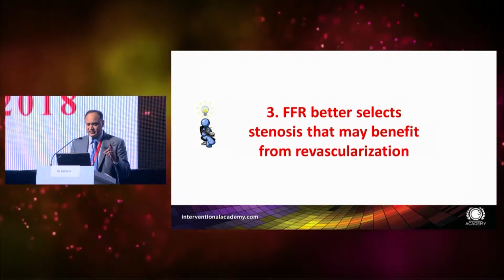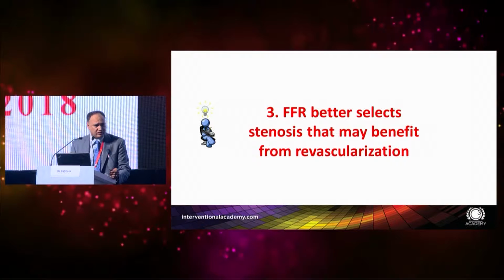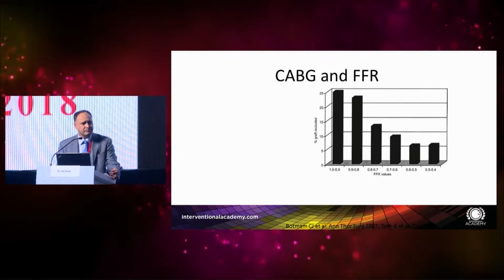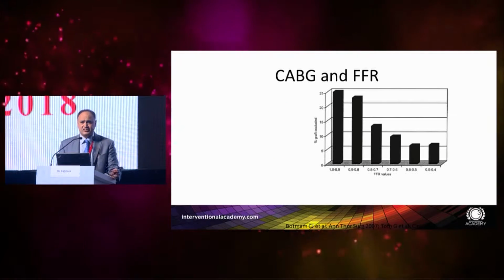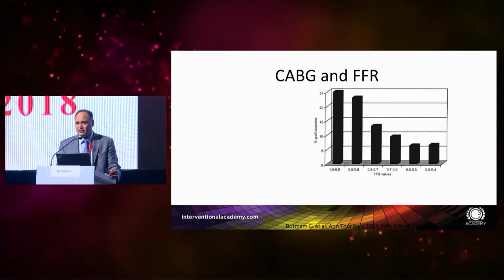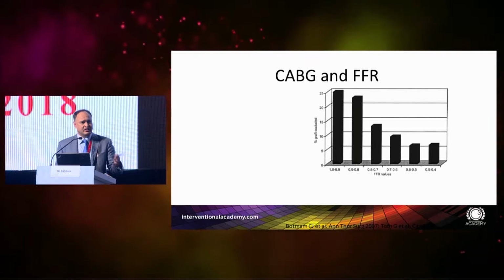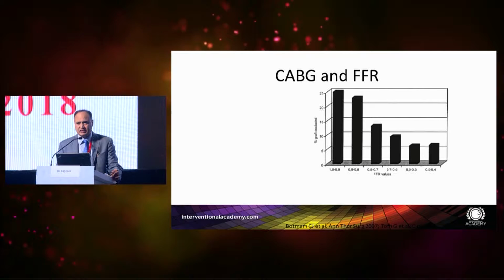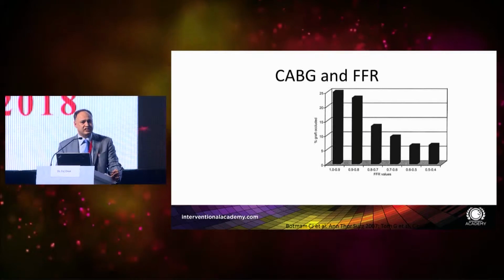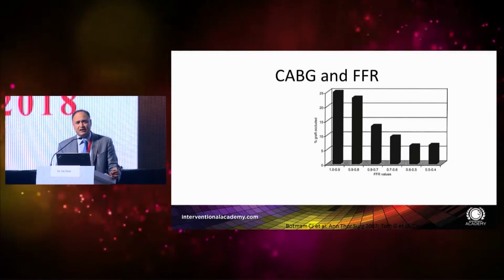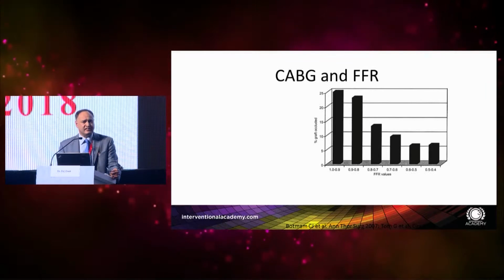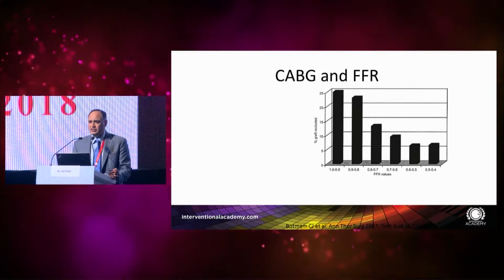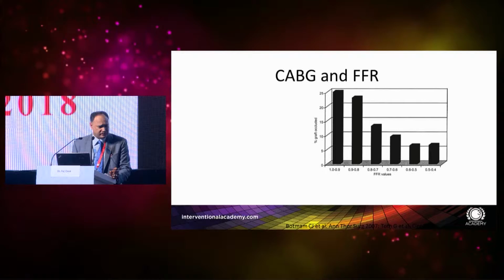It better selects the stenoses that may benefit from revascularization. Think about bypass surgery. Today in America, when I tell our cardiac surgeons to do a bypass surgery on a patient with 3-vessel coronary artery disease, their first question is, what vessels do you want me to graft? They're asking for physiological information on these vessels.